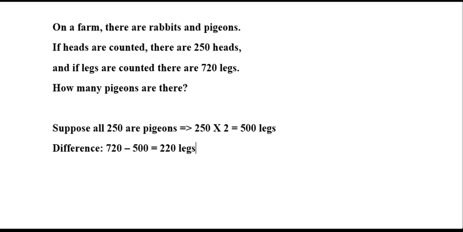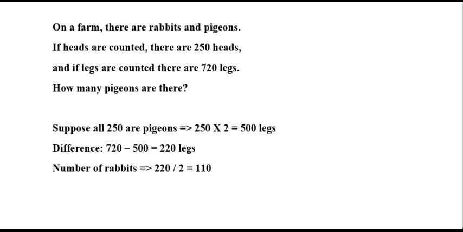Now you have 220 extra legs, so the number of rabbits on the farm must be 220 divided by 2, that equals 110. So on the farm there must be 110 rabbits.